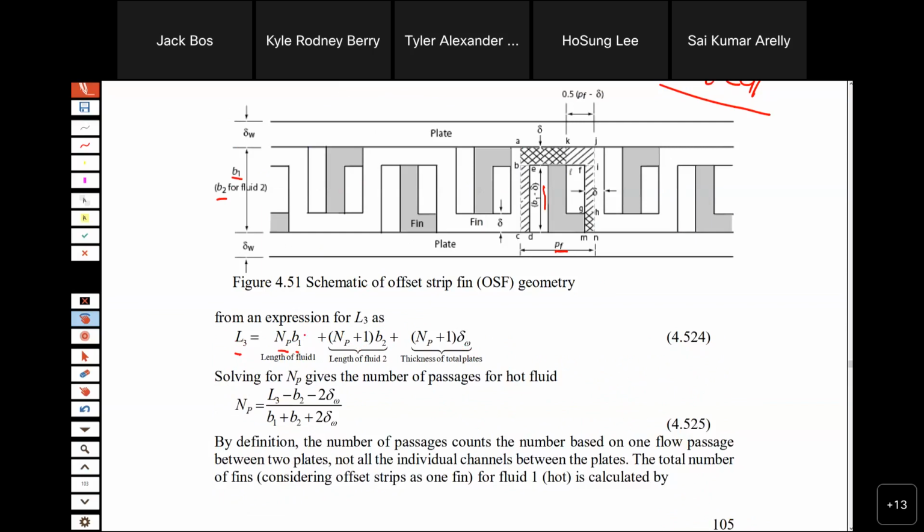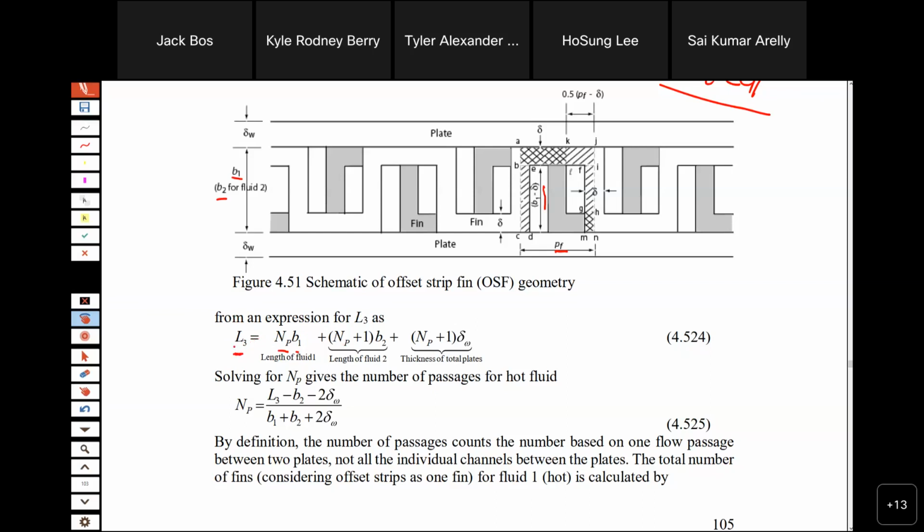So that's the total length, height, L3. If you have a question, you can raise a question. But as long as you approximately understand, that's fine. Okay, it takes time.